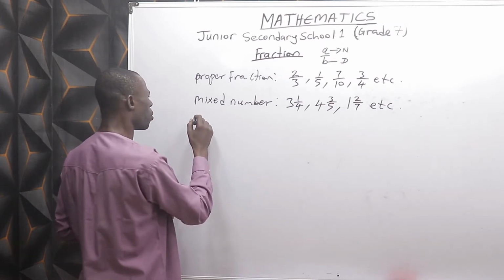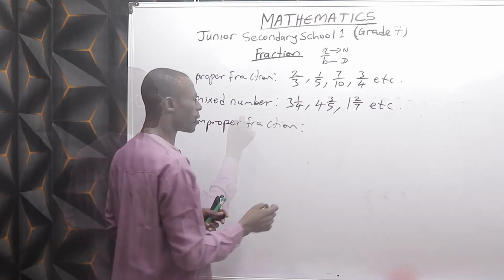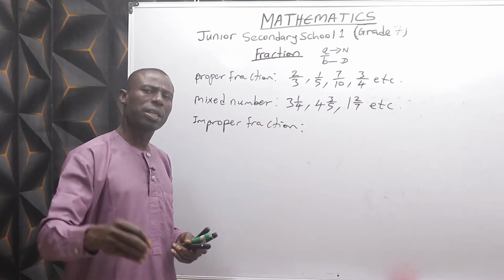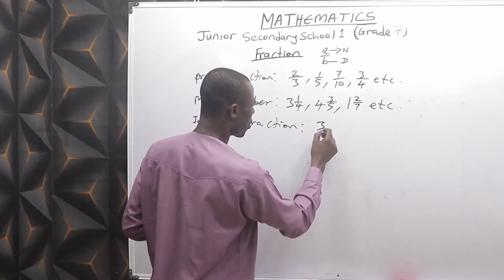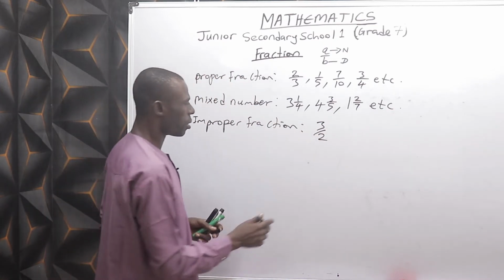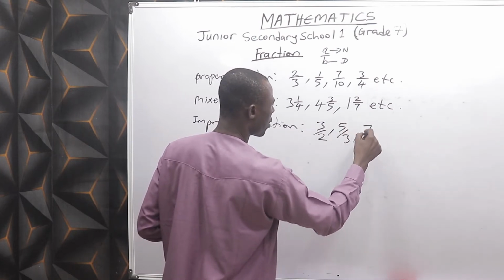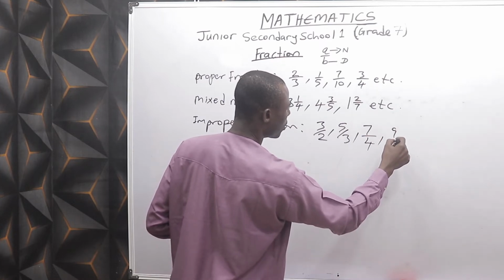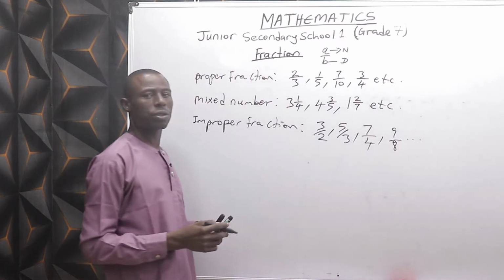So we have another one which we call improper fraction. This is a situation whereby the numerator is greater than the denominator, like 3 over 2. This is a good example of an improper fraction. 5 over 3, 7 over 4, 9 over 8, and so forth.